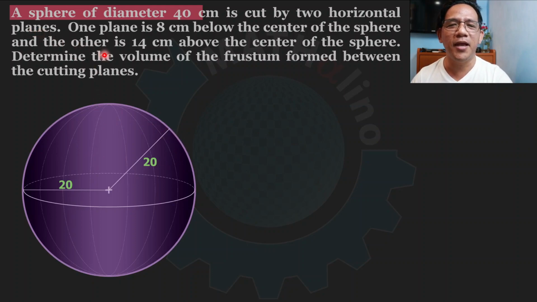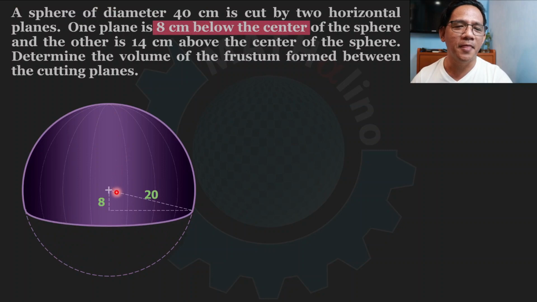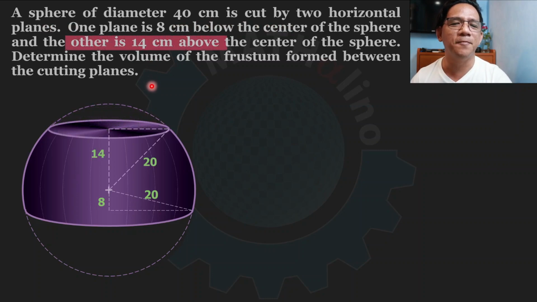These are our cutting planes. One plane is 8 cm below the center of the sphere. We have this radius 20. Below the center of the sphere, we have this cut. And the other cutting plane is 14 cm above the center of the sphere. The required is the volume of this frustum formed by these cutting planes.